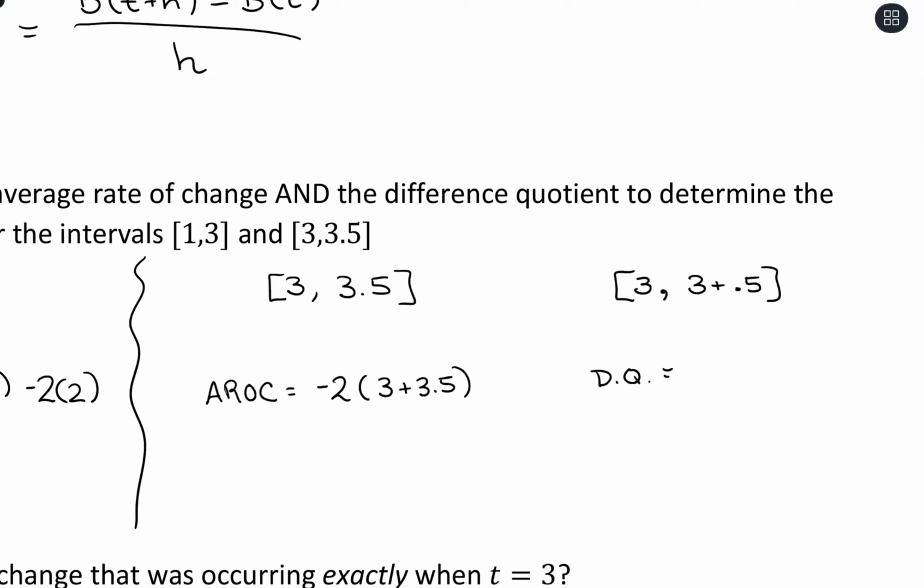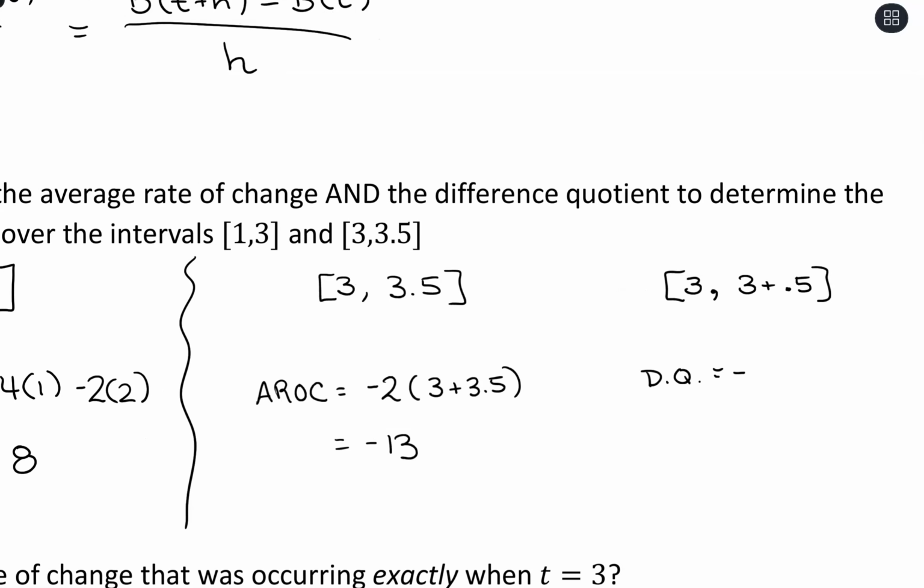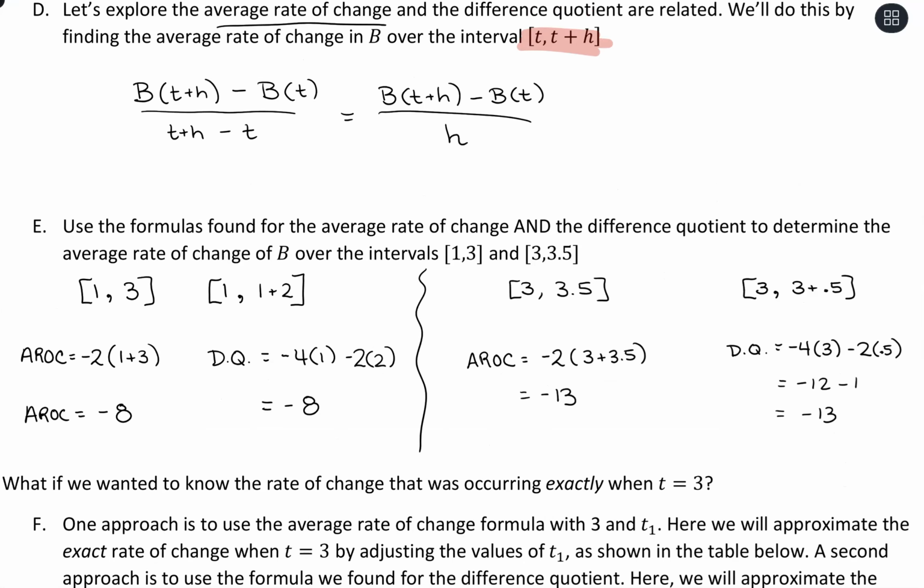So let's see, a -2 times 6.5, so -13. And then the difference quotient was a -4 times our starting value, minus 2 times our increment, which was a positive 0.5. So we have a -12 minus 1, which is a -13. So two different ways to measure the same thing.